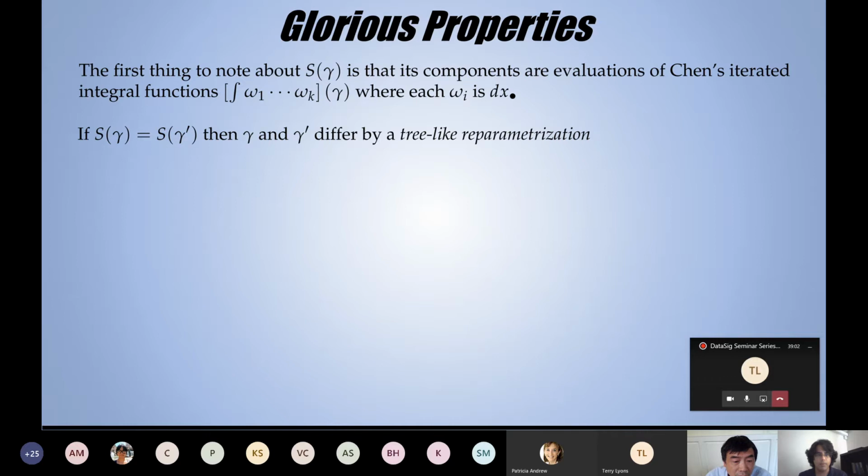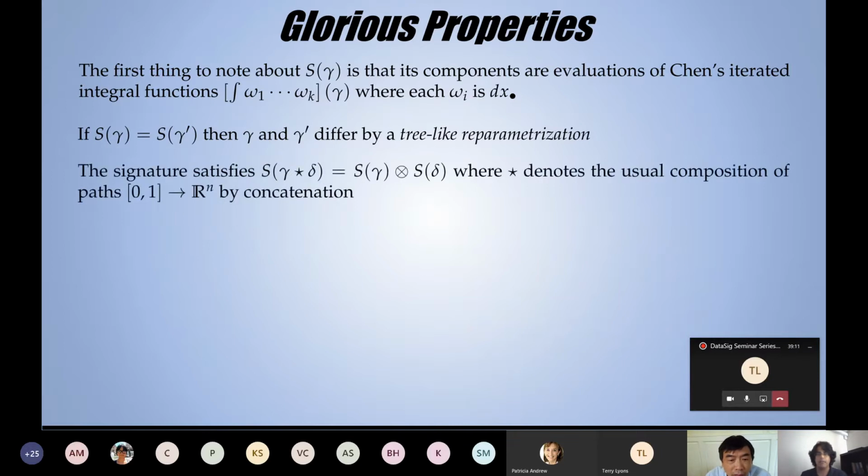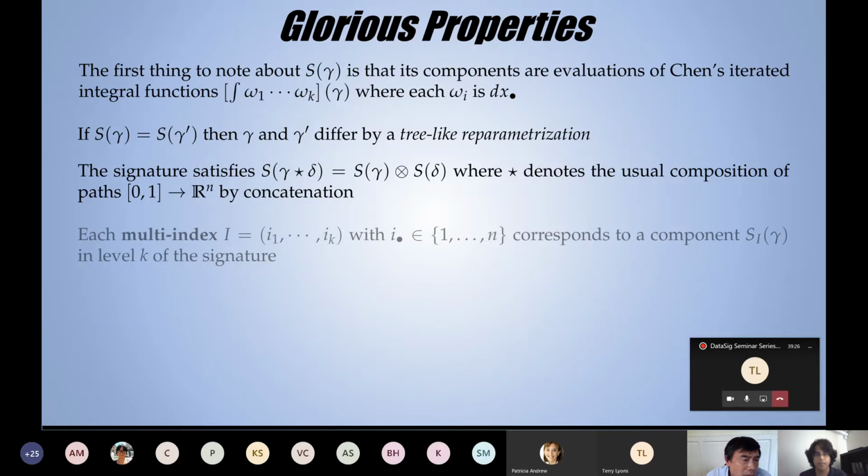And of course, the kernel of this map is interesting. If two paths have the same signature, then they differ by what's called a tree-like reparameterization. It is exactly a homomorphism from the space of paths with the concatenation operator to the tensor algebra, with, of course, tensor products on the right.